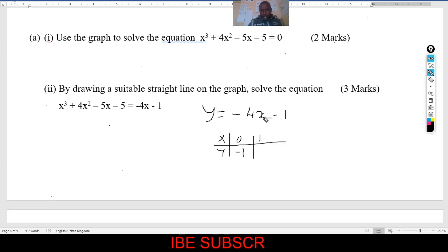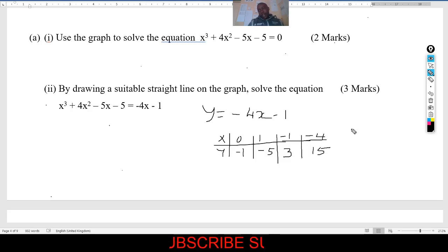If x is 1, -4 minus 1 becomes -5. I can have more values so that I can be accurate. If I try -1, I go the other side, -1 will give me 3. With 2 on the right side, -4 gives me 15.